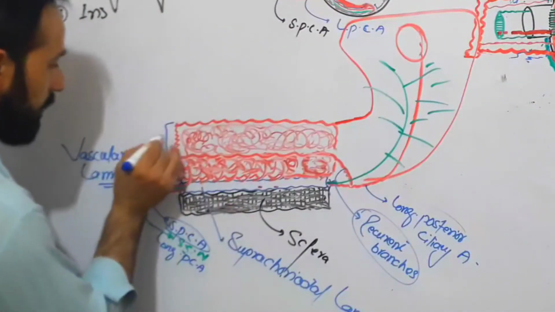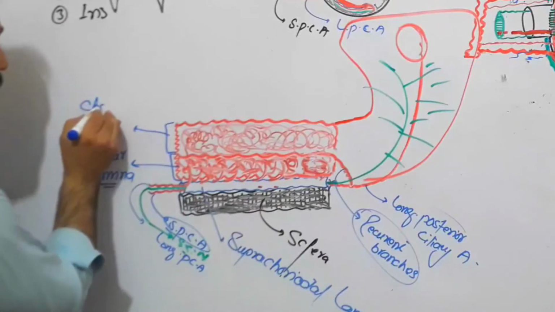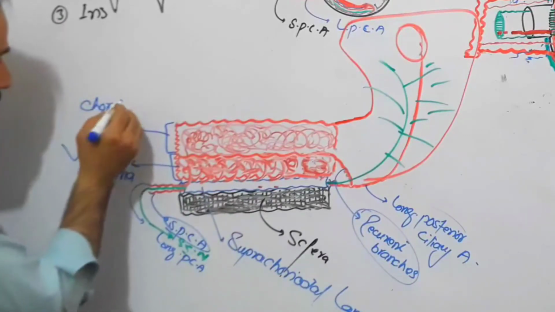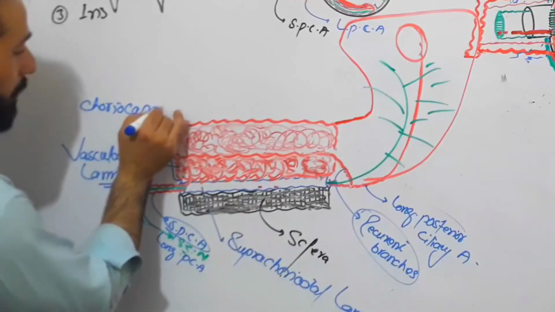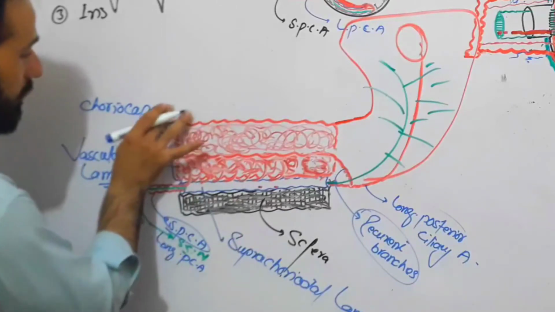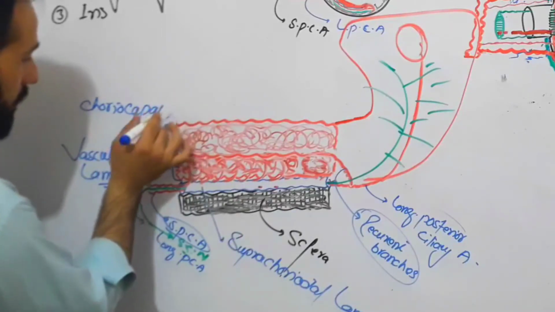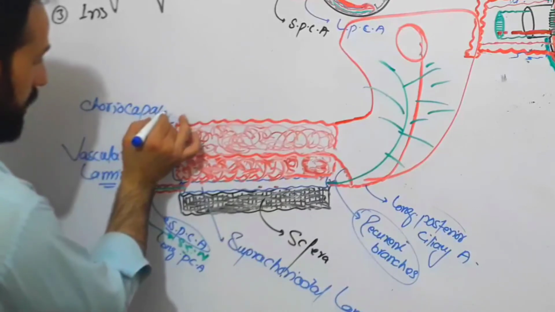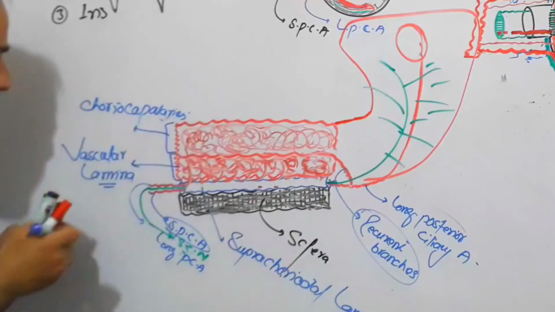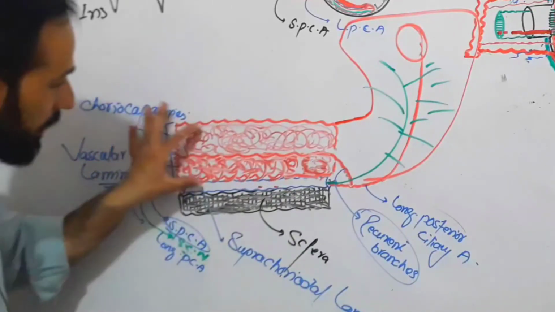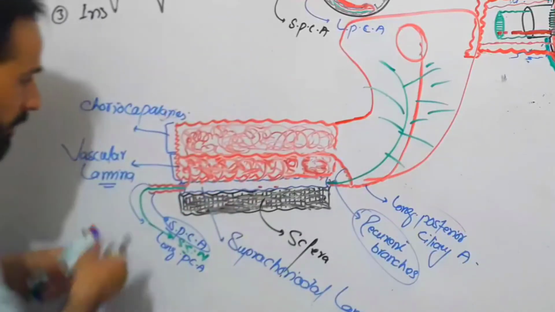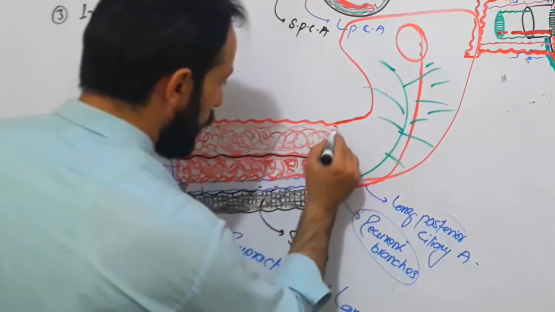So this layer is your choriocapillaris. Choroid means choroid, capillaries. Done. So actually the choroidal layer is divided into how many layers? It is divided into 2 layers, right?